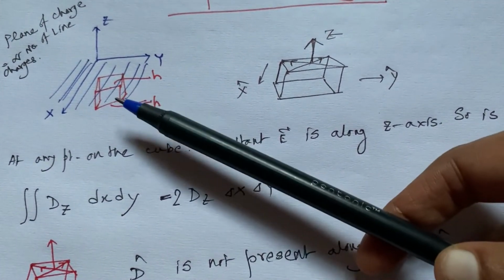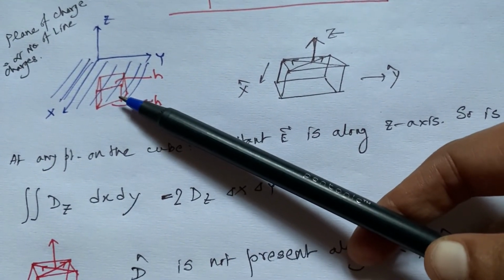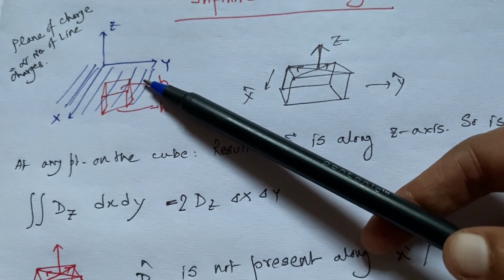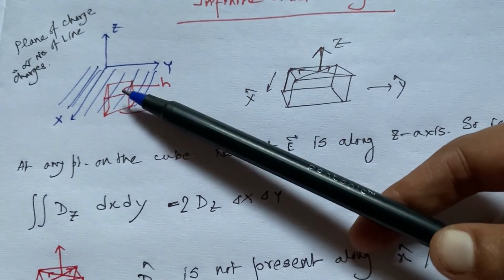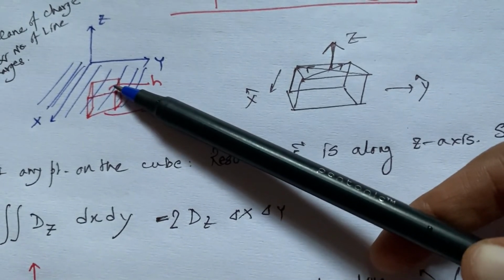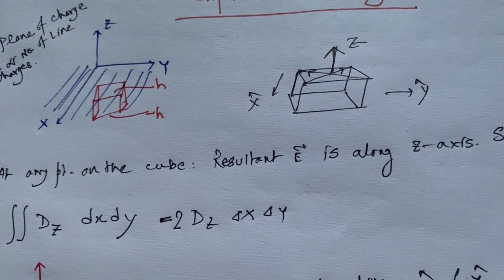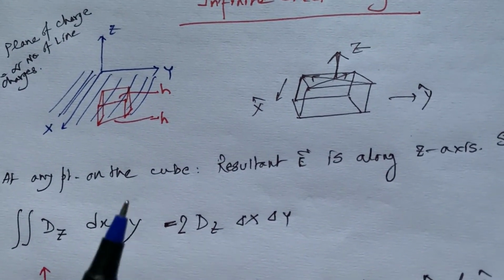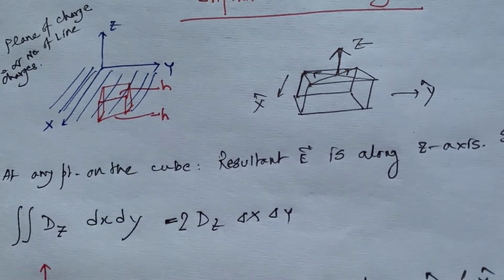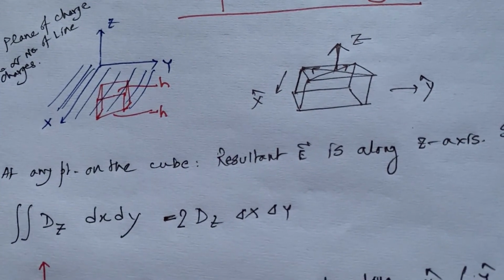Now I am taking a Gaussian surface, a closed surface, around this sheet of charge, such that the top surface of this cube is along z equal to h, and the bottom surface lies along z equal to minus h.